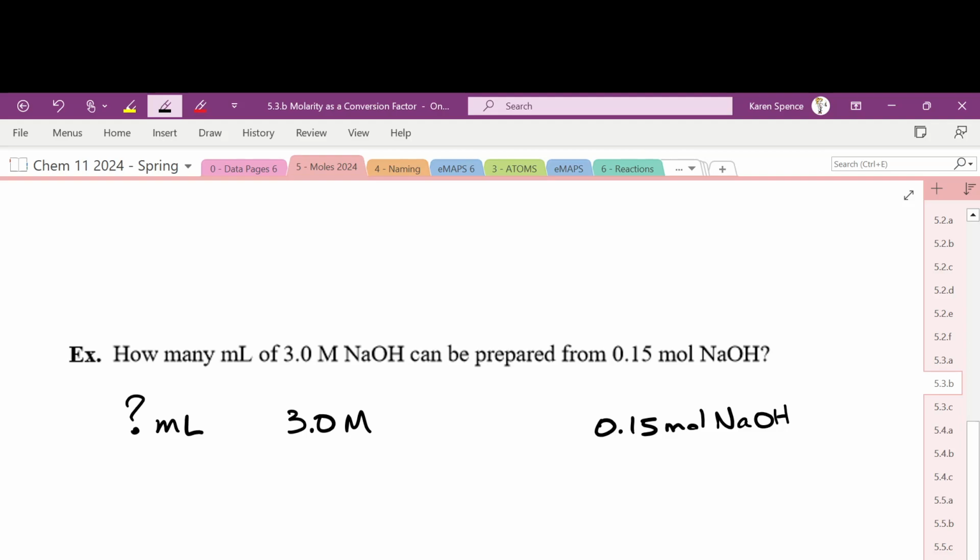Do you want it this way or do you want it that way? Okay. Now you want to get rid of the moles, so you put moles on the bottom and these go on the top. And you have 0.15 moles.